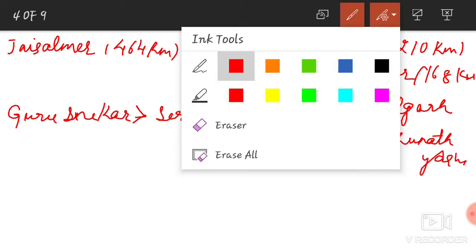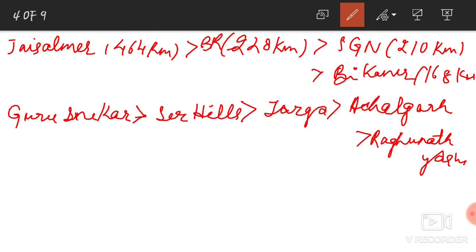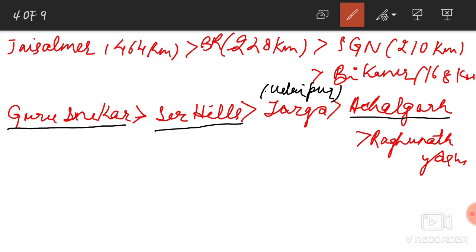Now, how many of these are in district Sirohi? Guru Shikhar is in Sirohi, Ser is in Sirohi, Jarga is in Udaipur, Achalgarh is in Sirohi, and Raghunathgarh is in Sikar. Sikar is also famous for the temple of Khatu Shyam. So these are the five peaks of Rajasthan in descending order of their heights.